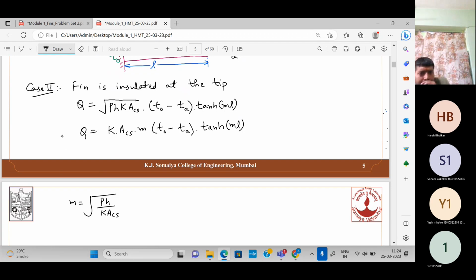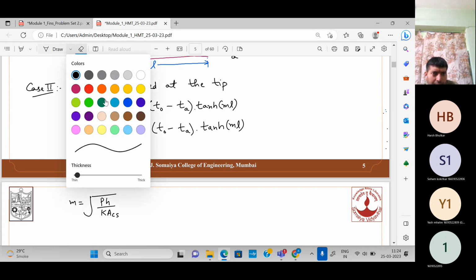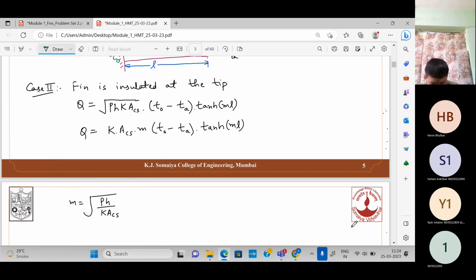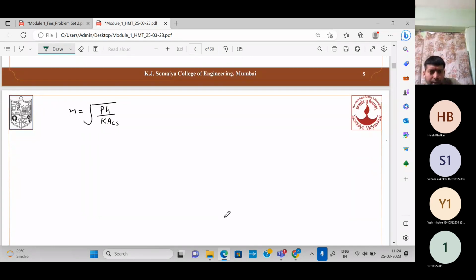So either you use this expression or that expression, the same thing. Fine, let's solve it. Put the values and calculate. So m is root hP by kA.